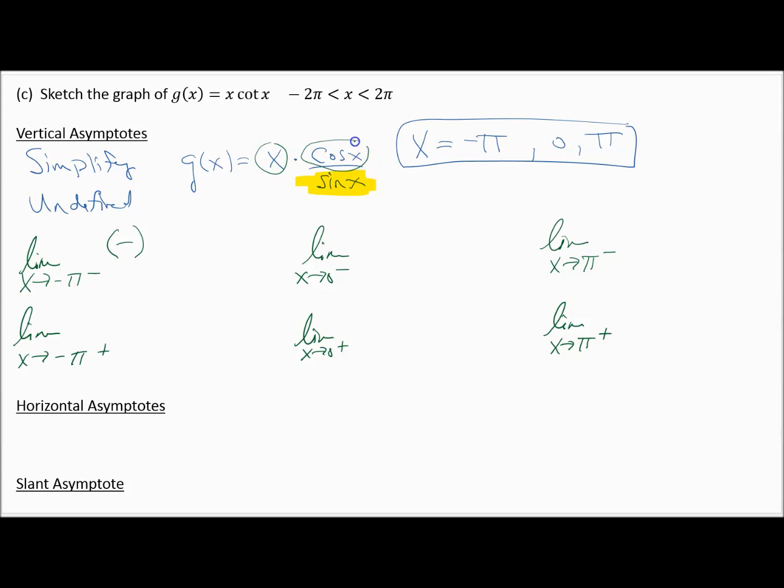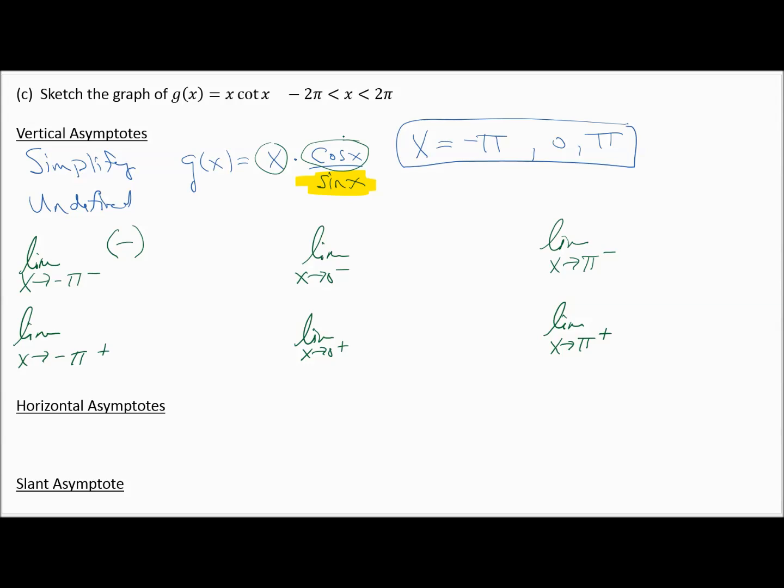Now let's plug into cosine. Now picture either the unit circle or the graph of cosine, but to the left of negative pi. Negative pi means the angle is negative, so you're going backwards around the circle, or you can picture the graph of cosine.